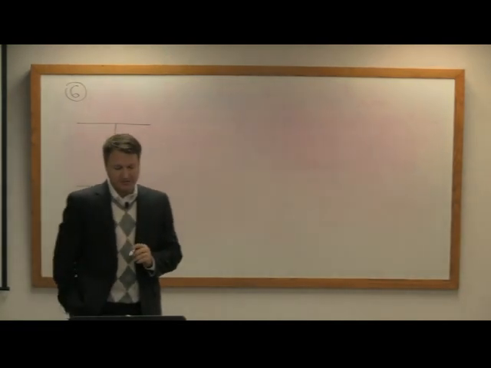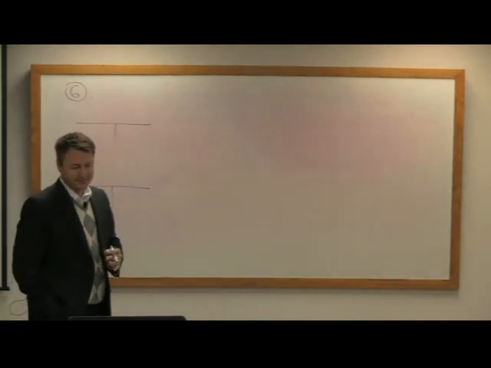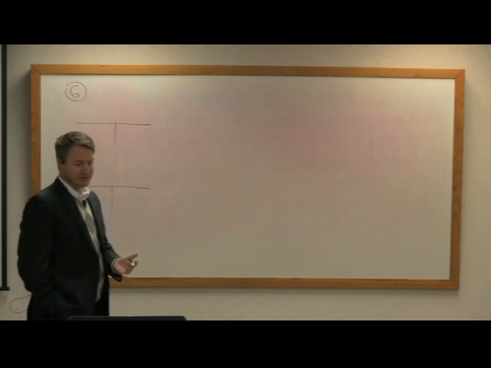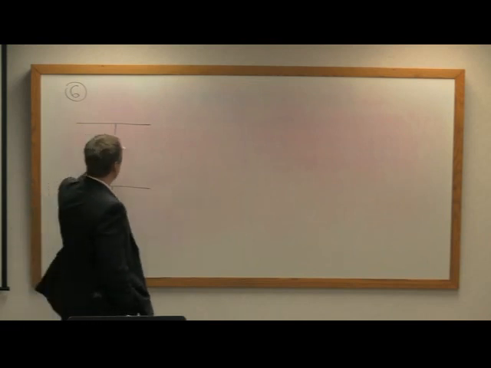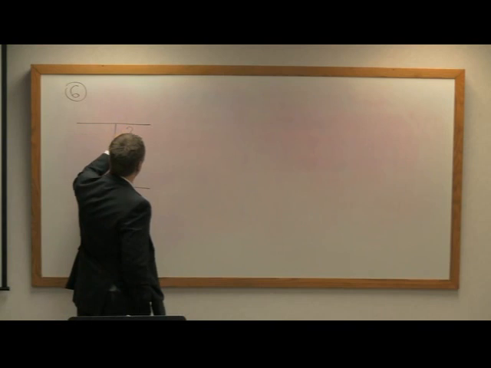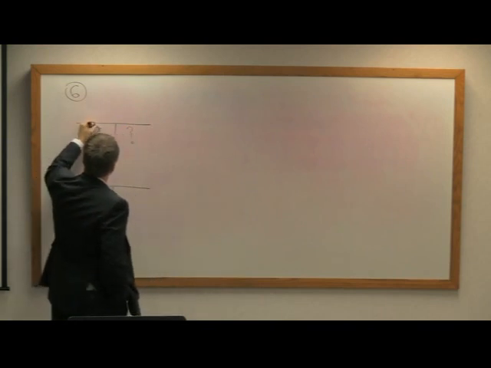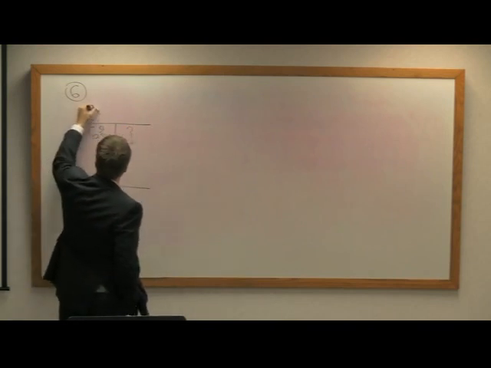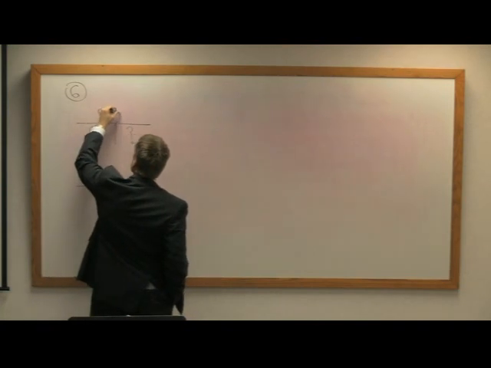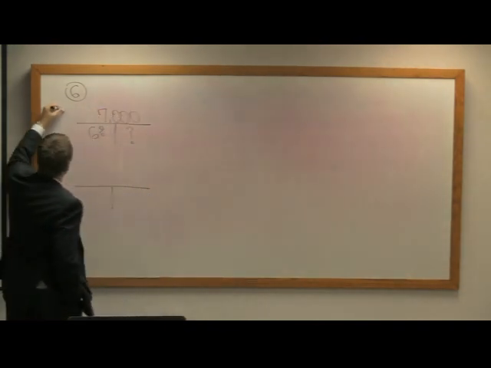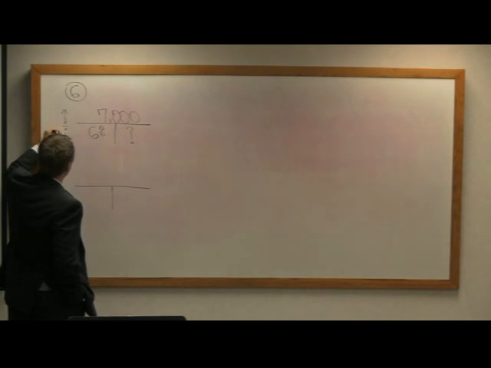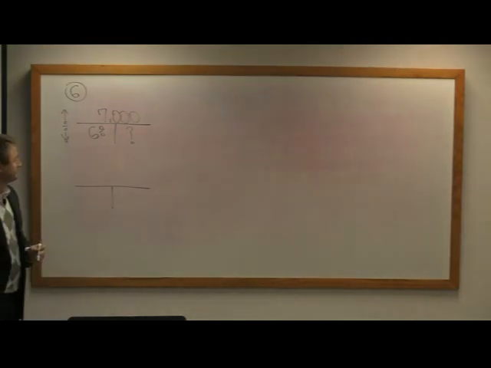So first off, we know the commission is 6%, and what was earned is $7,000. We don't know what the purchase price is. So we can put the 6% up here, $7,000 above it, and remember, if we're going from top to bottom, we divide.